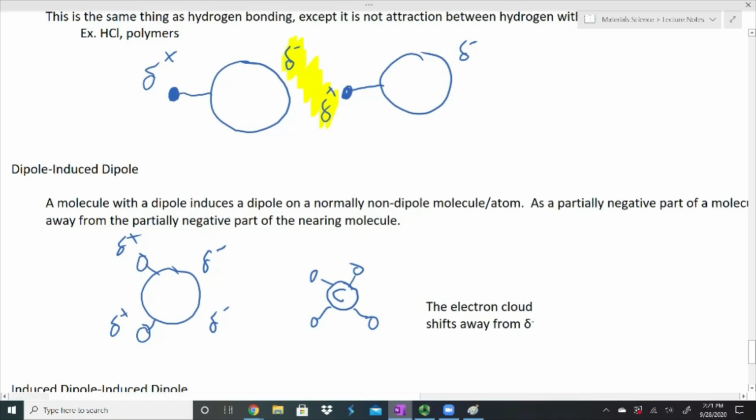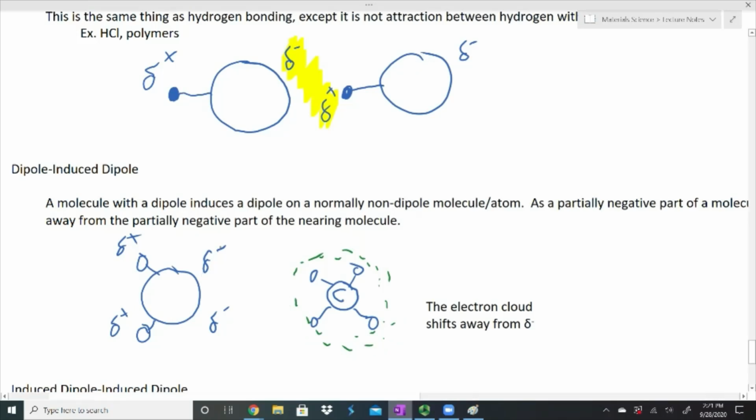But as I have this electron cloud around it, what I'm going to do is draw these little dots around it, and these dots are going to be my electron cloud, the orbitals where the electrons can be. As it gets closer and closer to this polarized molecule over here, something very interesting is going to happen. Let me take a few of these away.